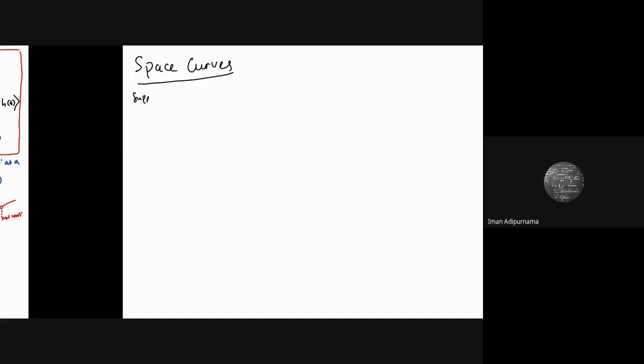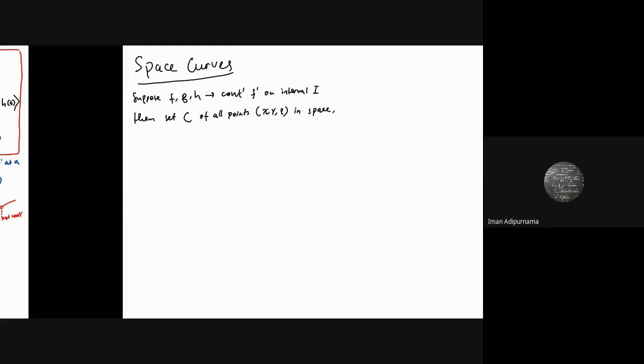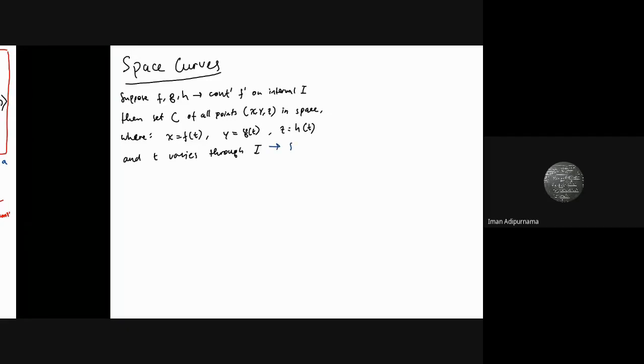Suppose f, g, and h are all continuous functions on some interval I. Then the set C of all points (x, y, z) in space where x is f(t), y is g(t), and z is h(t), and t varies through the interval I, is called a space curve.